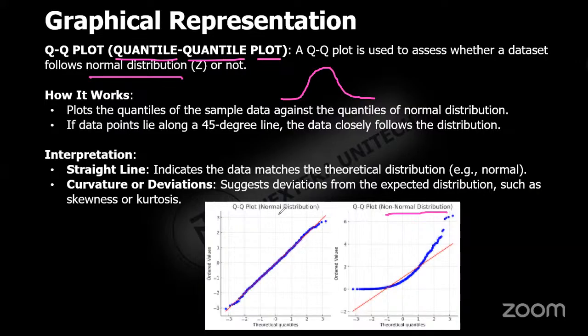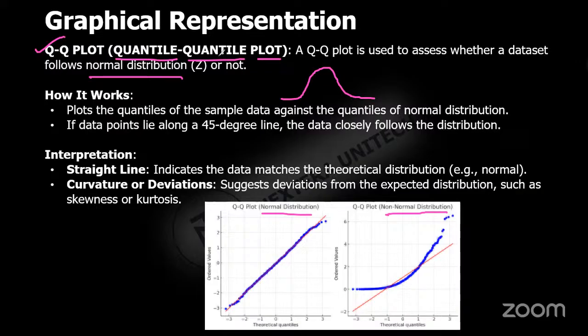If it falls on this red line, it means it is normally distributed data. So that is the purpose of QQ plot. QQ plot helps us to understand whether the data is normally distributed or not.